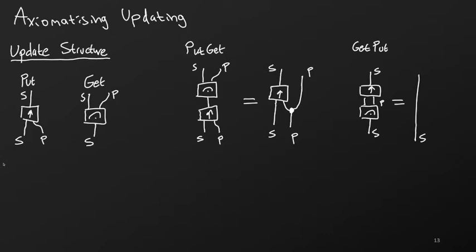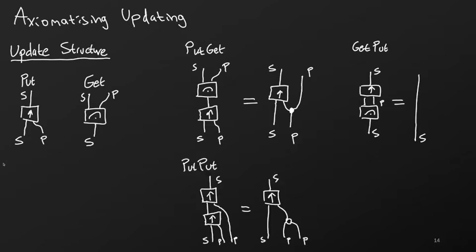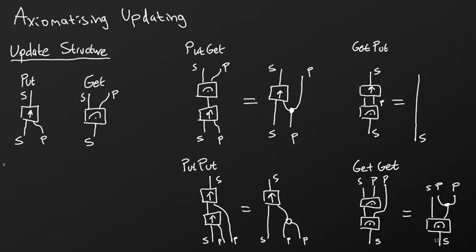This shouldn't do anything to the system. And then there's the put-put law, where if I update twice, it should be the same as doing some pre-processing, for instance mixing the properties in some way, and then updating only once with this new mixed property. And then there's the get-get law, which is the opposite of the put in some sense, where you read out the properties twice, and it ought to be the same as reading out once and then doing some post-processing, so copying, for instance, of these properties.